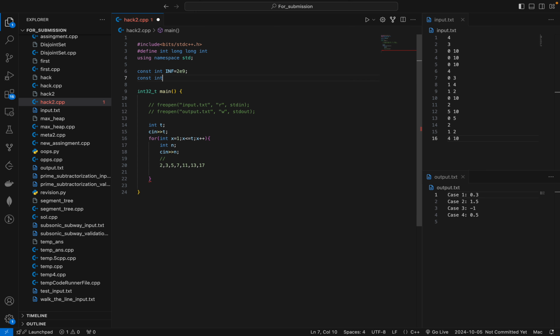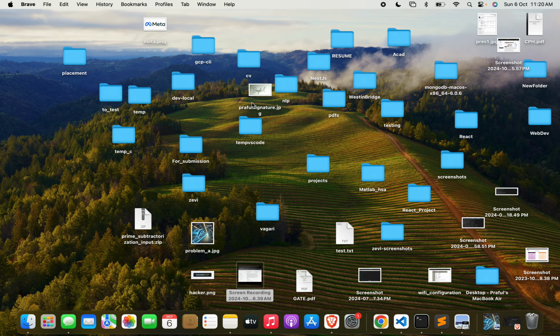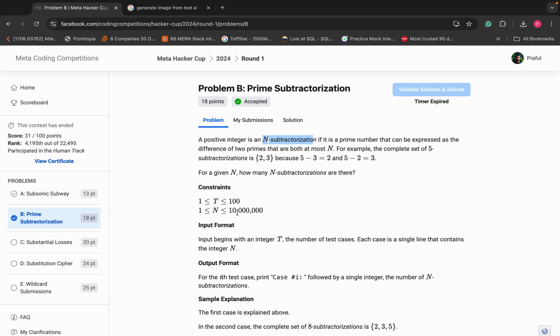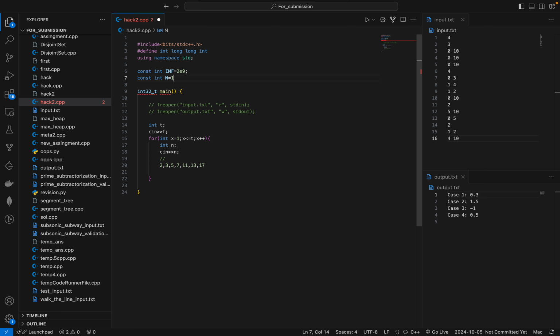We can use the sieve of Eratosthenes. What is the limit on n? It can be 10 raised to 7, so let's take it somewhere like that. Now we will create a vector, a vector for is-prime. Initially we mark all as prime numbers.